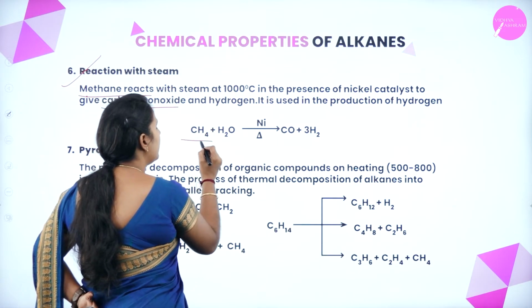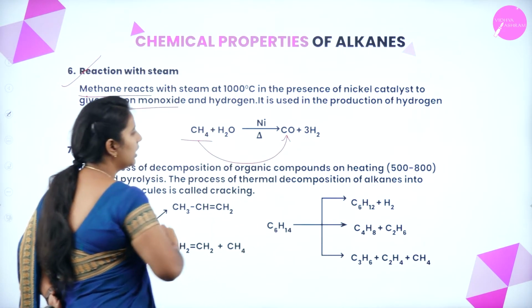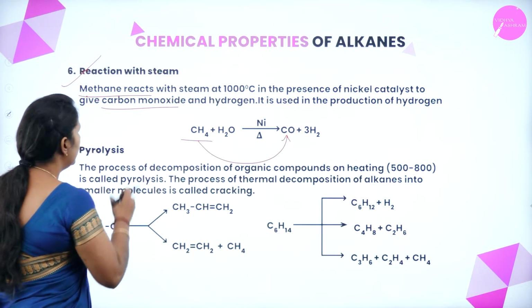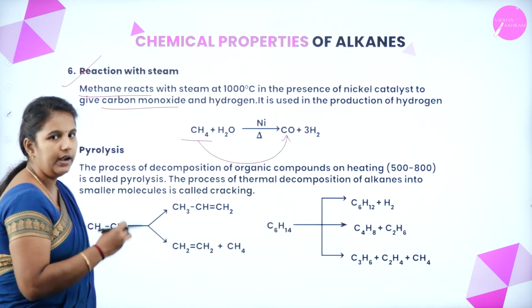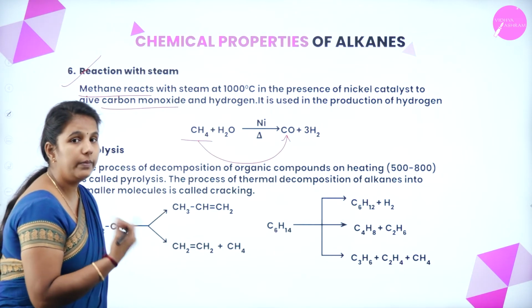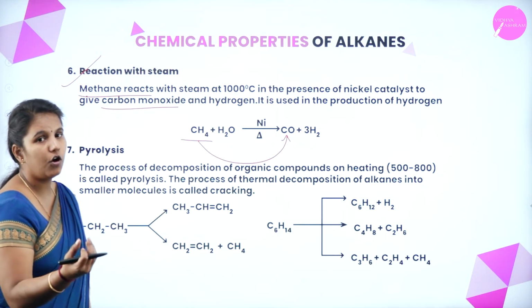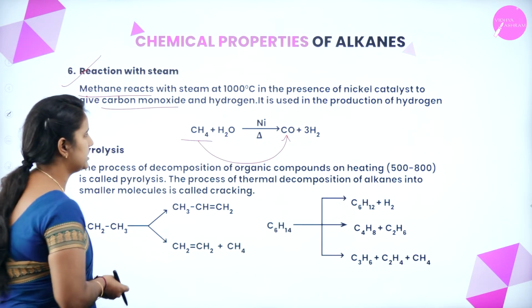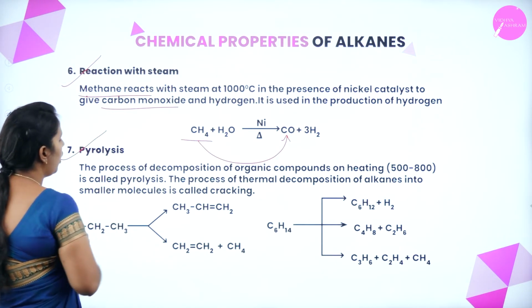This methane is oxidized to carbon monoxide with the release of hydrogen gas. This shows that a hydrocarbon can also react with steam, forming carbon monoxide, which is a poisonous gas.